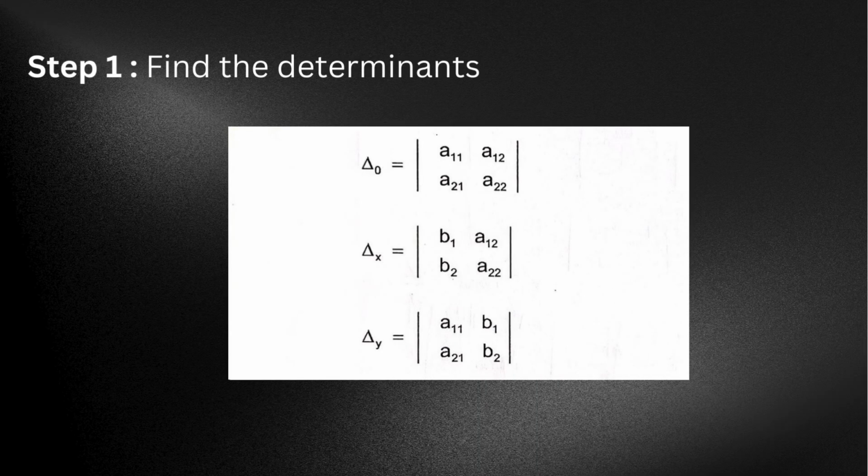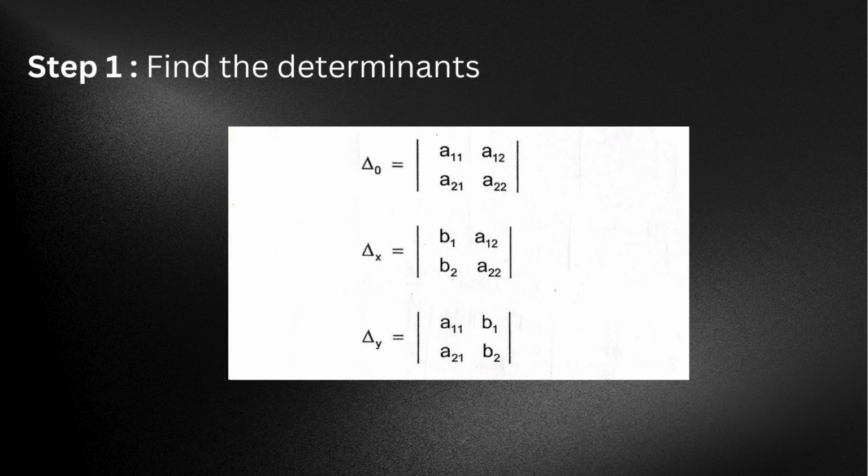Step 1. Find the determinants. D0 equals the bracket A11, A12, A21, A22. DX equals the bracket B1, A12, B2, A22.